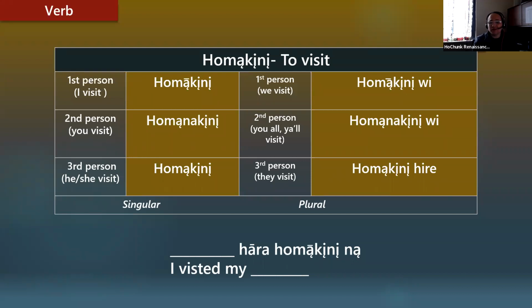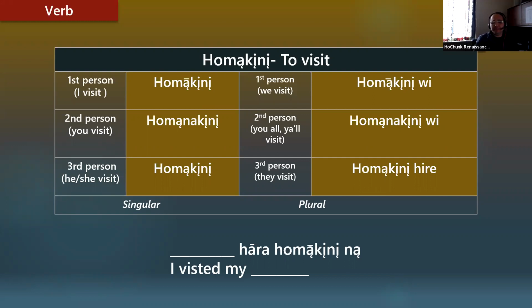You all visited, so on and so forth. Okay. And so the only difference you see with the first persons is that it has a long nasal A. Homakini. Okay, homakini. You're gonna have that in that nasal, and you're gonna kind of like slang it out. Homakini.